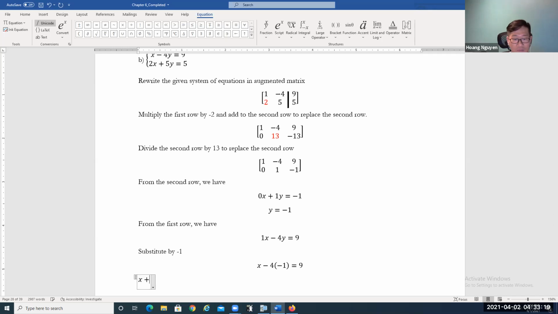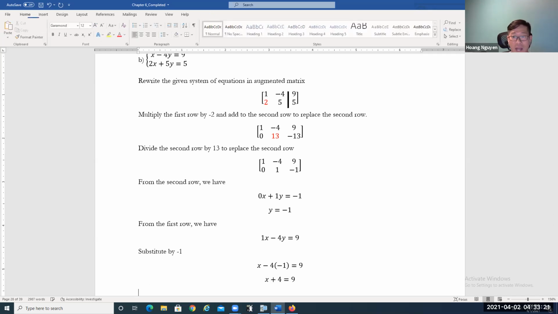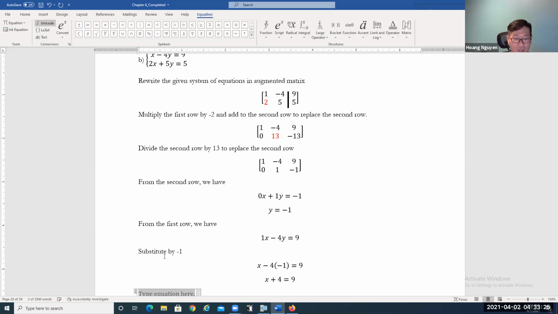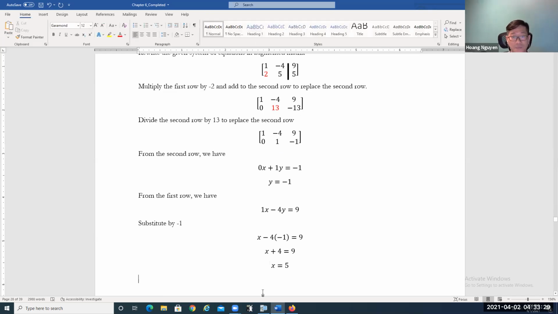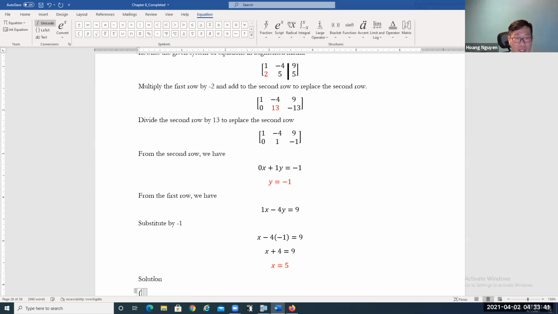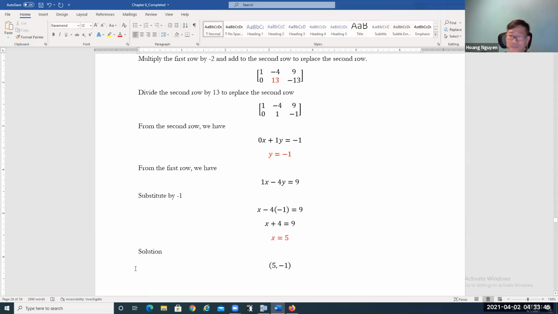So x plus 4 equal to 9. Now we subtract 4 from both sides, so we have x equal to 5. So the solution for y is -1 and for x is 5. Putting it together, the solution is going to be the ordered pair (5, -1).